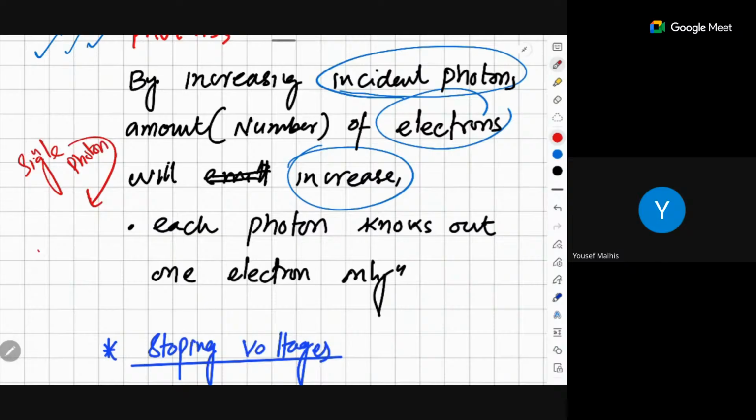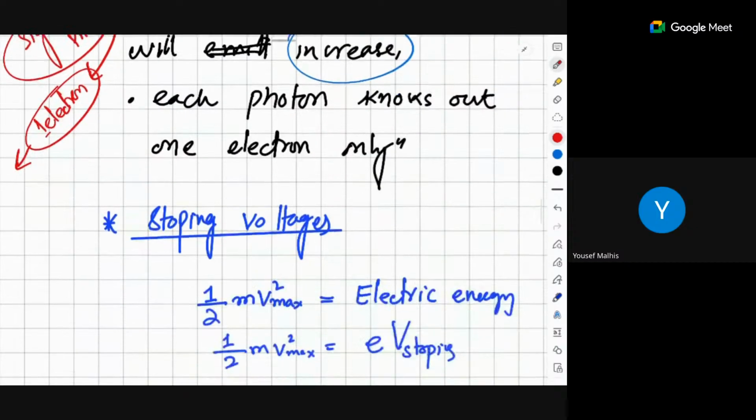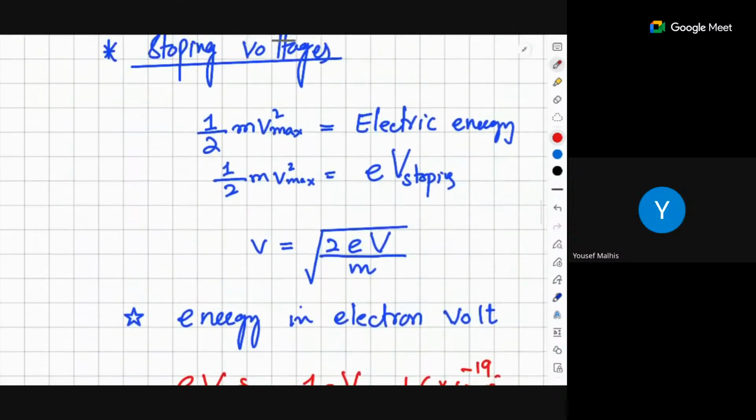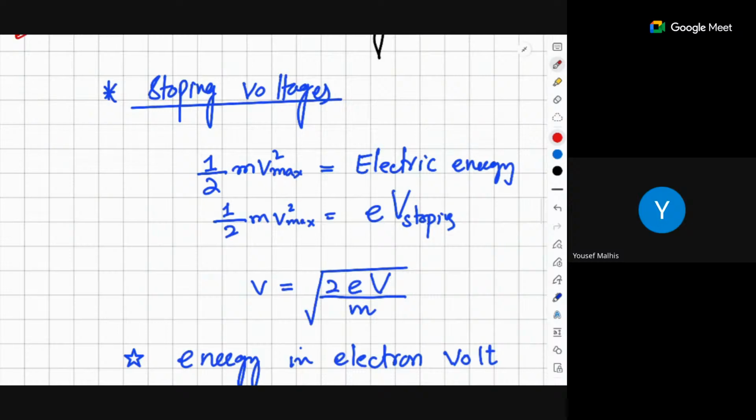One photon is required for one electron. It is not mandatory that if there is one photon of very high energy, it will avalanche different electrons, or more than one electron. So this was one of the drawbacks, or one of the pieces of evidence. Here I have considered the stopping voltages and the concept of stopping voltage, that KE maximum is equal to e times V stopping.